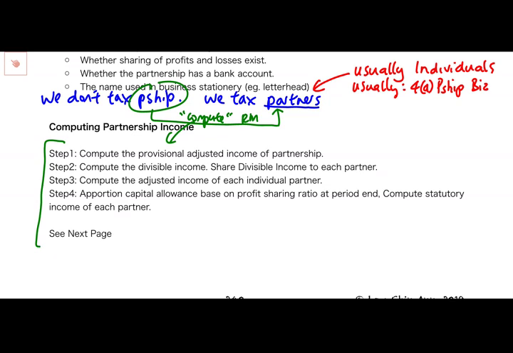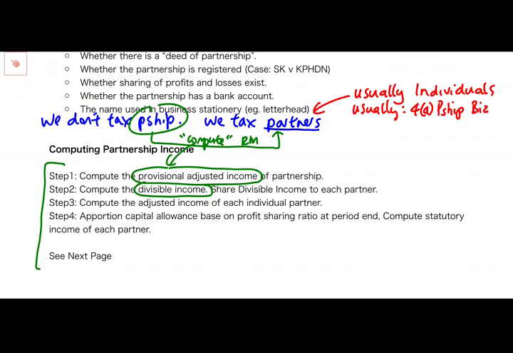We have to start off with provisional adjusted income, and then the divisible income. Now, these two figures belong to the partnership. And the word divisible income is quite understandable.